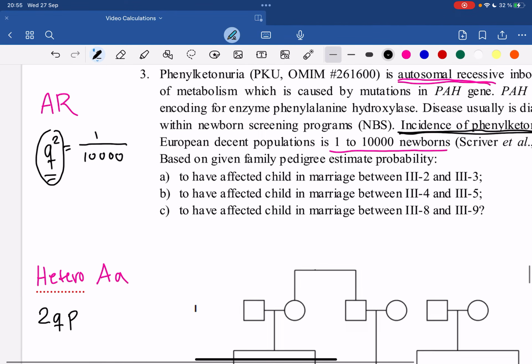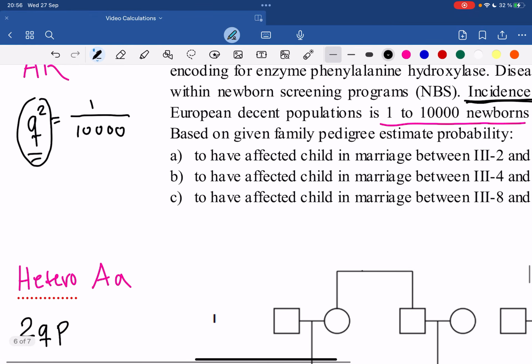But if you just think simply, q plus p equals 1. So let's take q, which is the square root of this value, 1 out of 10,000, which is equal to 1 out of 100.